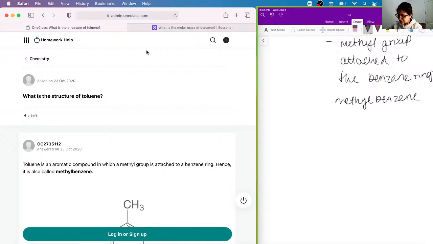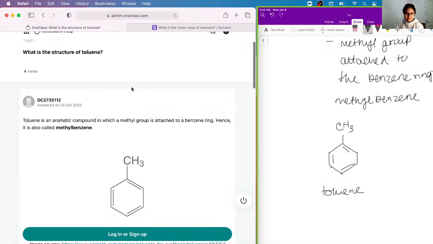Since it's a benzene, we know that it's a hexagon, a 6-carbon ring with 3 double bonds. And then it would be attached to a methyl, in this case CH3. And so yes.